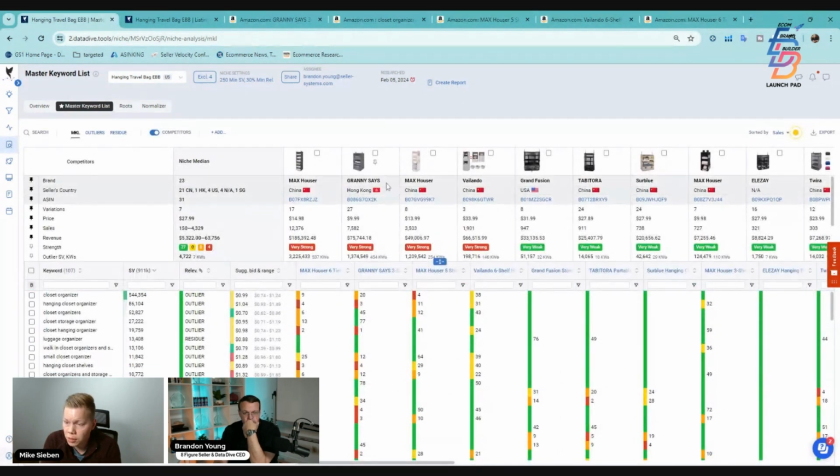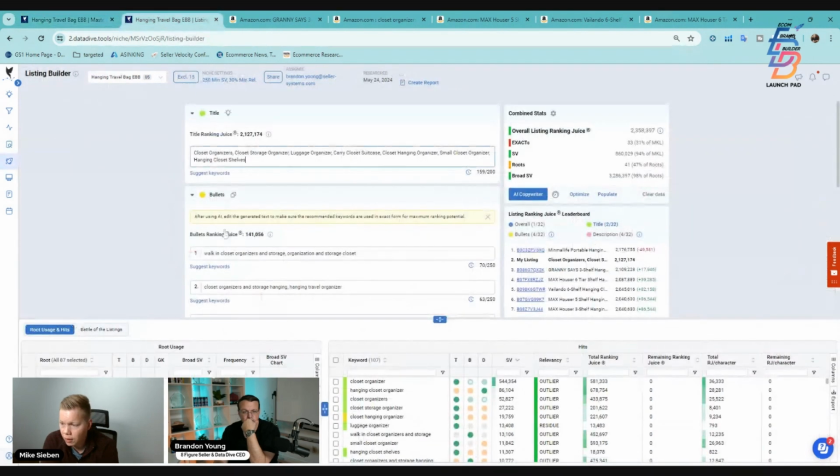And then also once we head back over there, can you give us an idea of what ranking juice is? We're seeing that pop up, and just a conversation on what it means. Yeah.